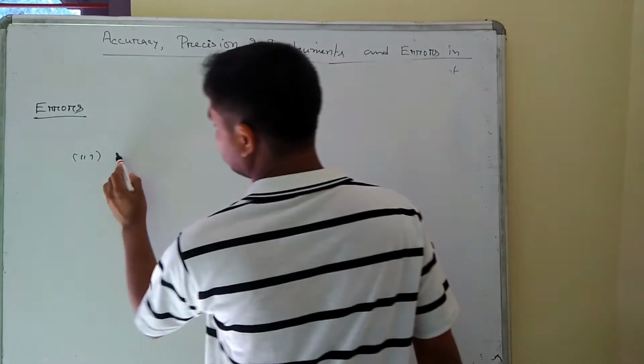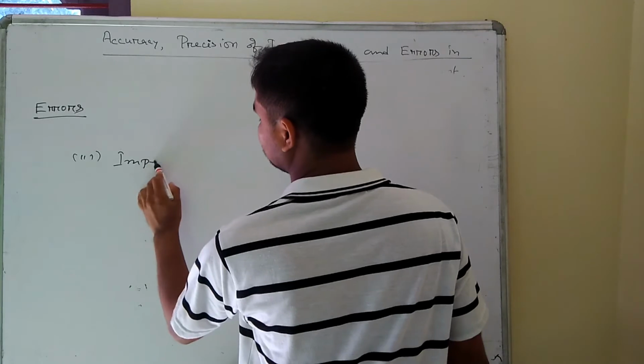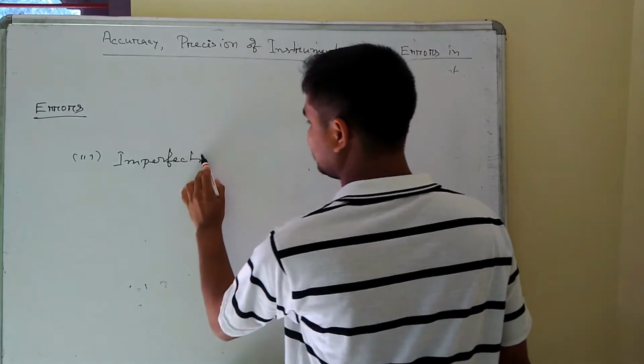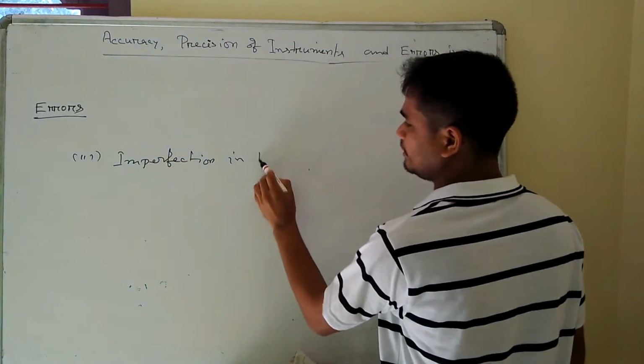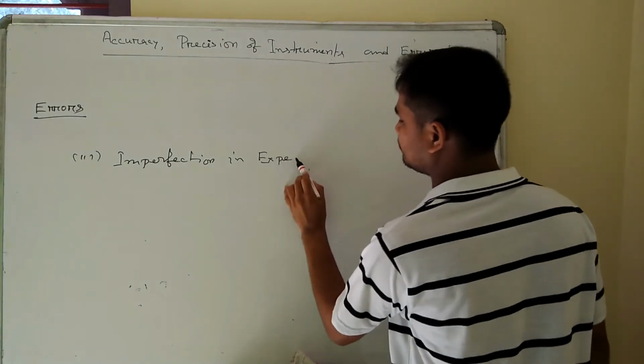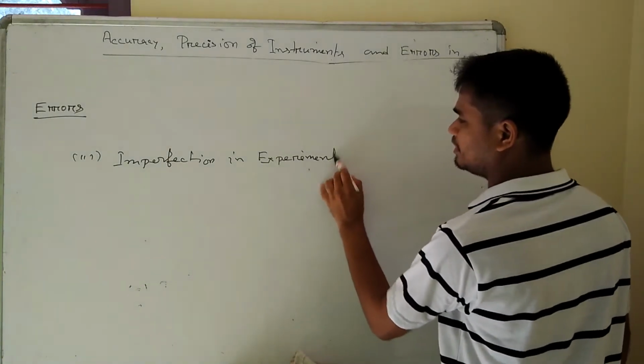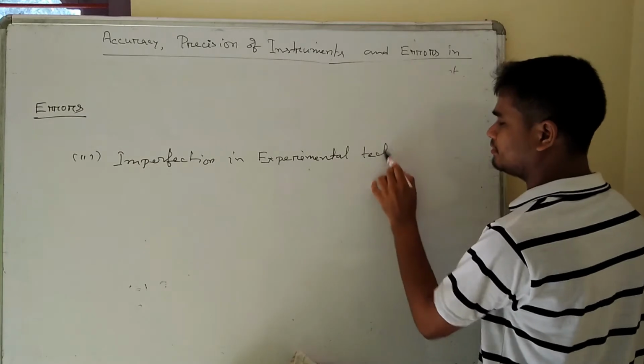number 3 is imperfection in experimental technique.